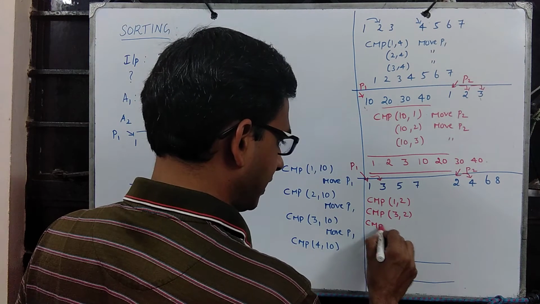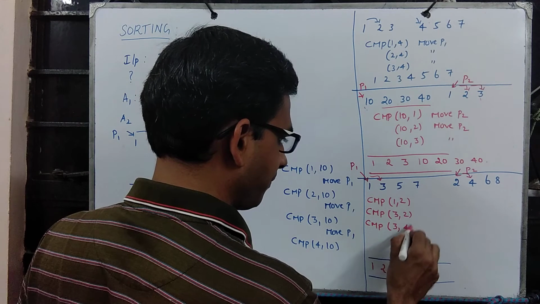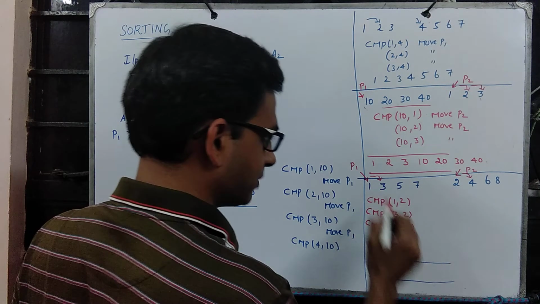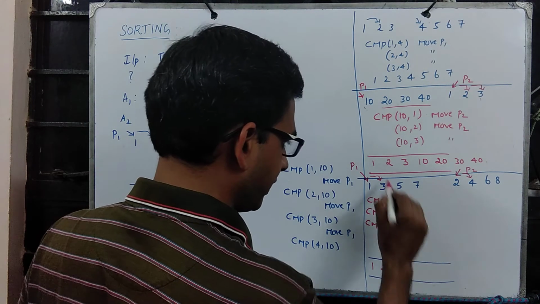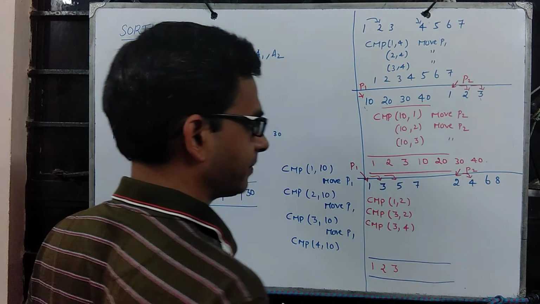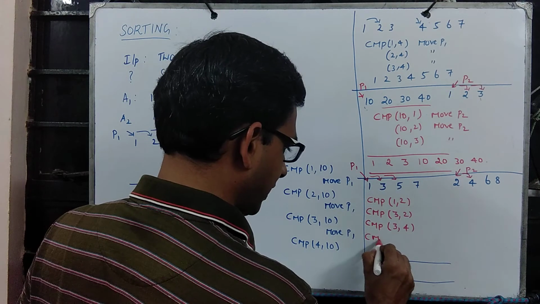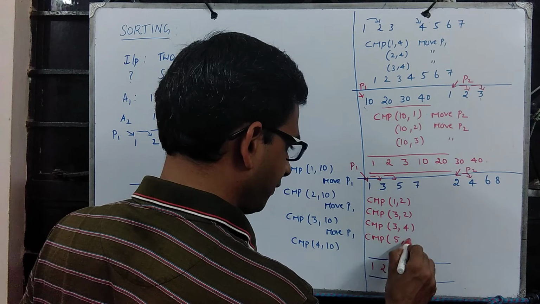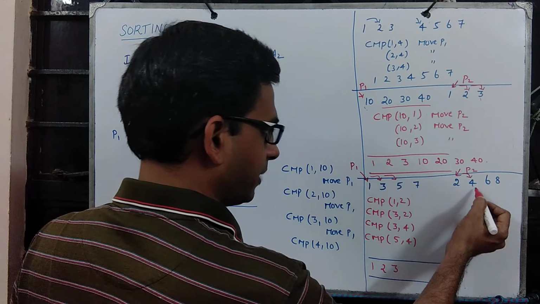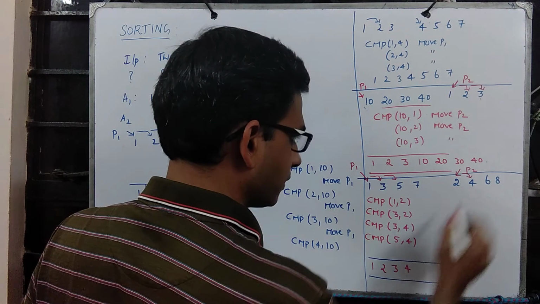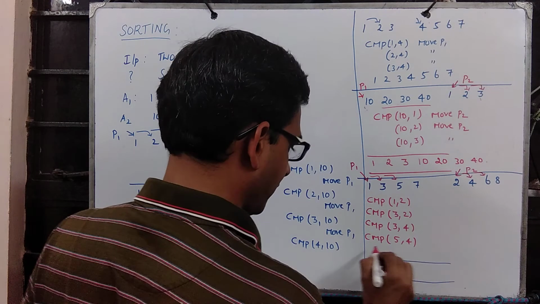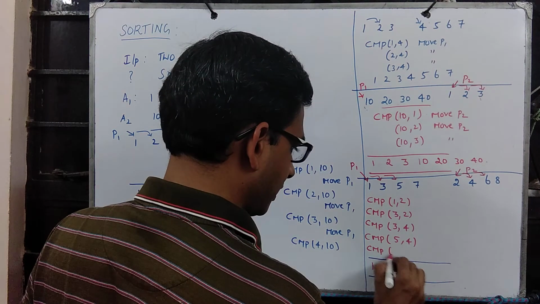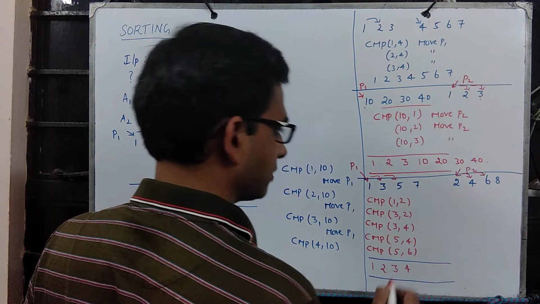Now we compare 3 and 4. We see that minimum comes from this, so we move this pointer. Then we compare 5 and 4. Minimum comes from this, so move this pointer. Then we compare 5 and 6.